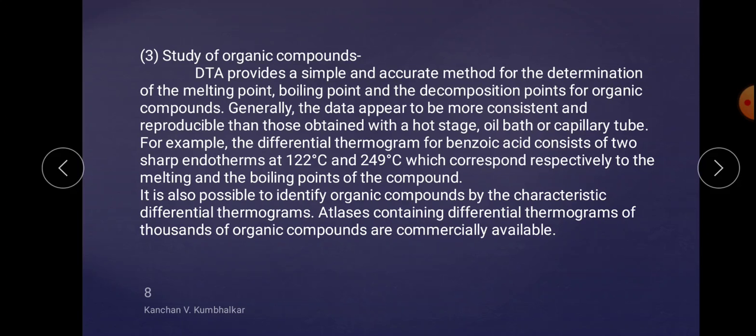Generally the data appear to be more consistent and reproducible than those obtained with a hot stage, oil bath or capillary tube. For example, the differential thermogram for benzoic acid consists of two sharp endotherms at 122 degrees Celsius and 249 degrees Celsius, which correspond respectively to the melting and the boiling point of the compound.